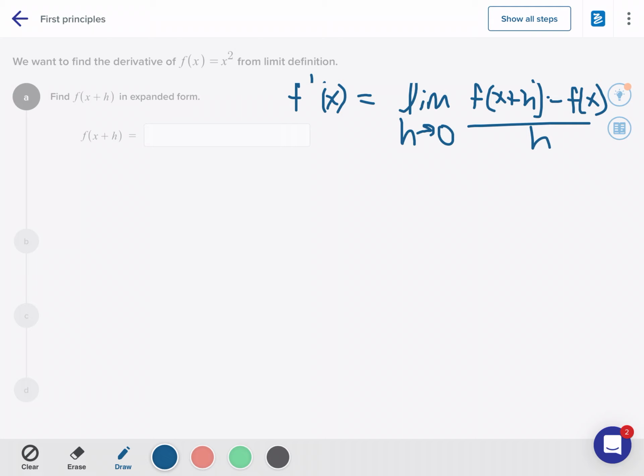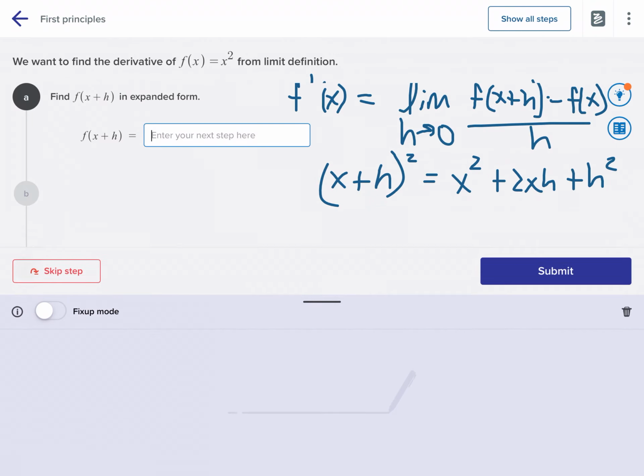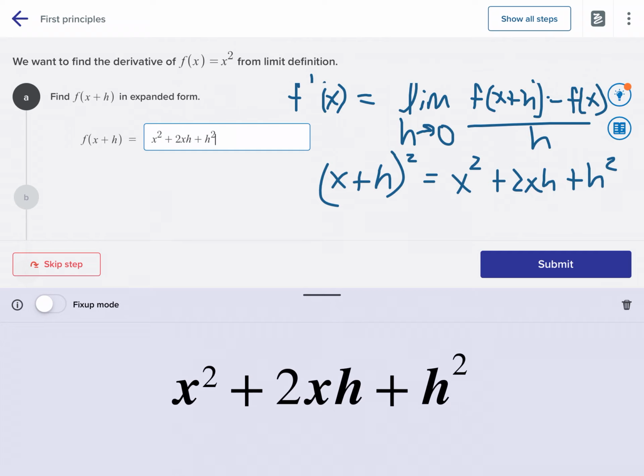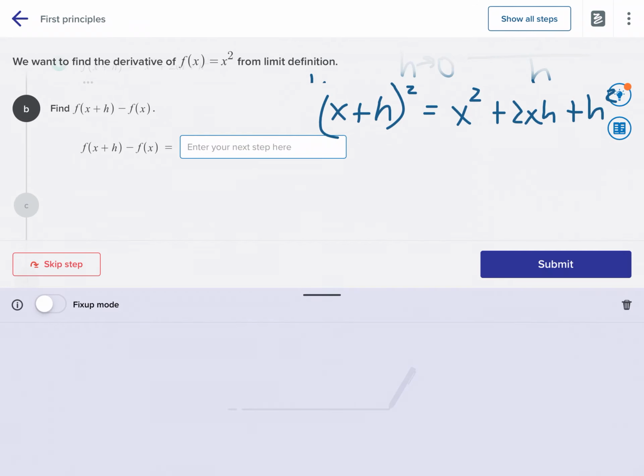Find x plus h squared in expanded form. So x plus h squared means we should expand that to x squared plus 2xh plus h squared. You can see that limits and calculus involves a lot of algebra. Now minus f of x.